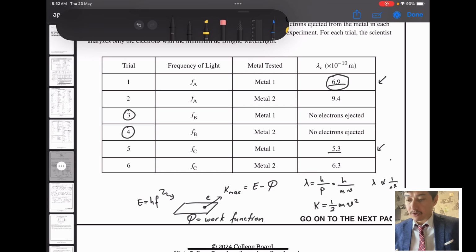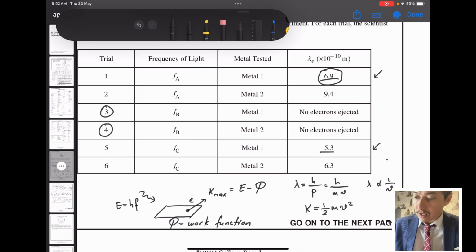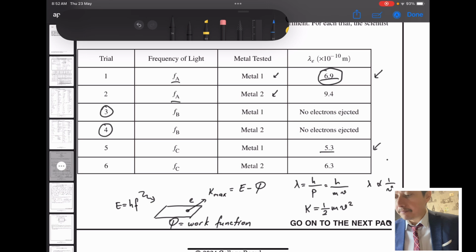So we have to choose between 1 and 2, or 3, 5 and 6. Let's choose 1 and 2 because we have the same frequency, Fa, but different metals and different de Broglie wavelength.